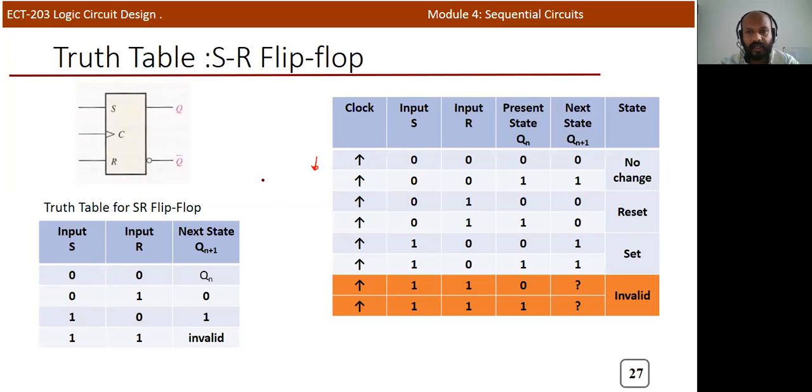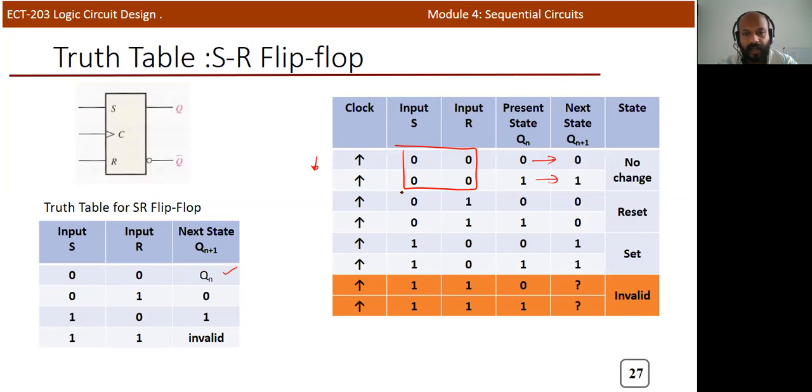The only difference is that the clock signal will be indicated as low. Without representing the clock and all, in the simplified form, I can represent the truth table of the SR flip-flop like this. If SR is 0 0, there is no change in the state. 0 will continue in the same state, 1 will continue in the next state. So Qn plus 1 is equal to exactly Qn. Next state is equal to the present state.